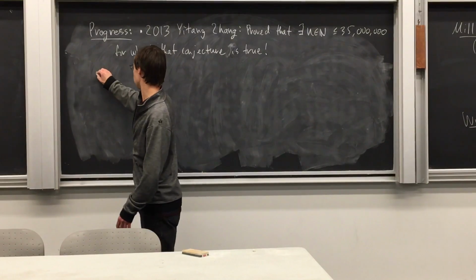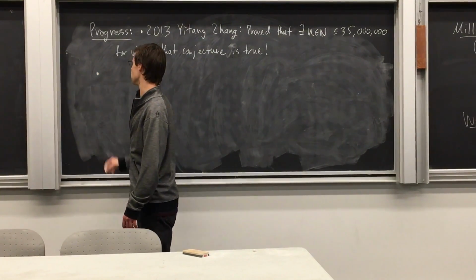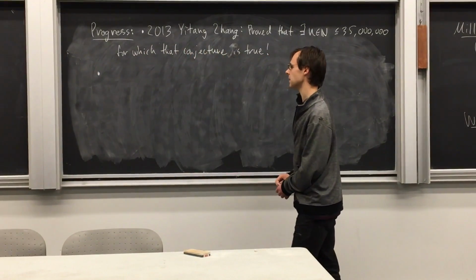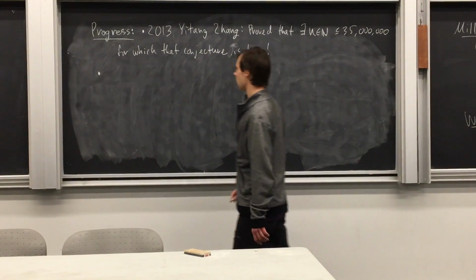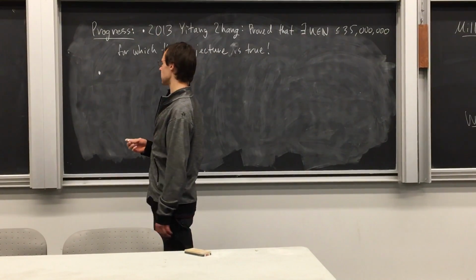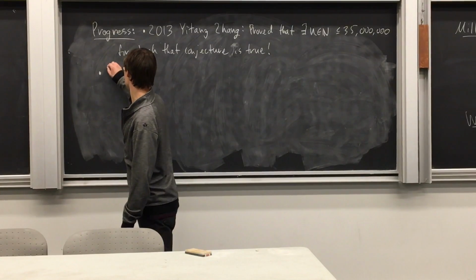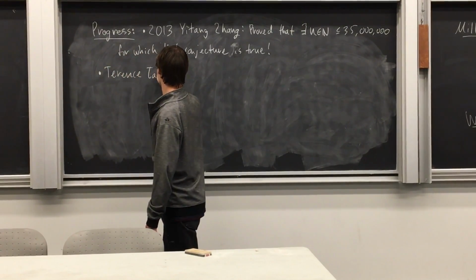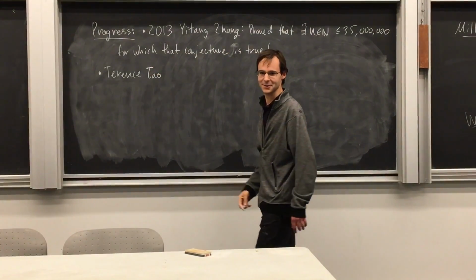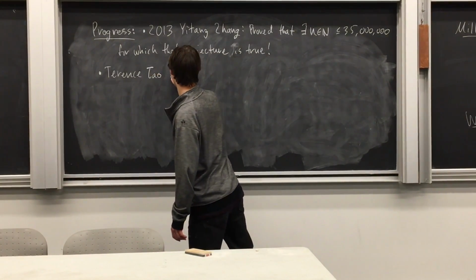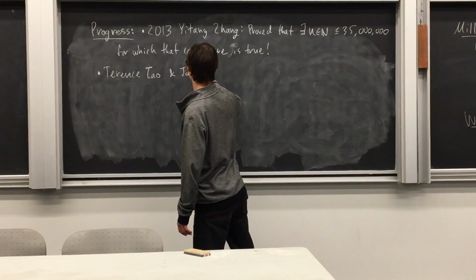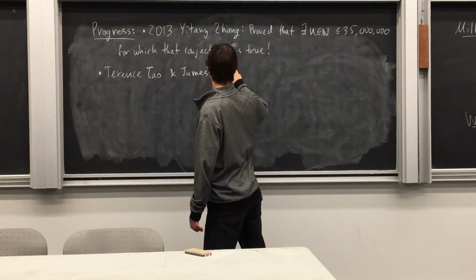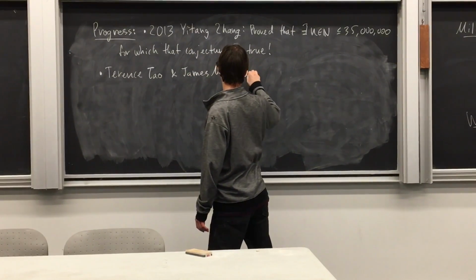In about a year's time, his method was used and improved, and somebody came up with a simpler way, actually, to prove the same result as he did. Two guys, Terence Tao and James Maynard, a British guy. I think he's only like 30 years old.